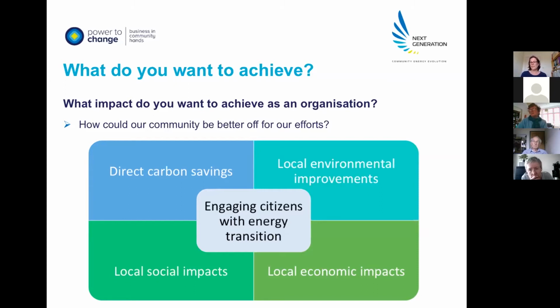They tend to fall into 5 key categories. The first is often the immediate thing about generating green electricity. So you're saving carbon, and that's in the sphere of climate change, and your impact on climate change might be one area of co-benefits or benefits that you're looking to achieve.